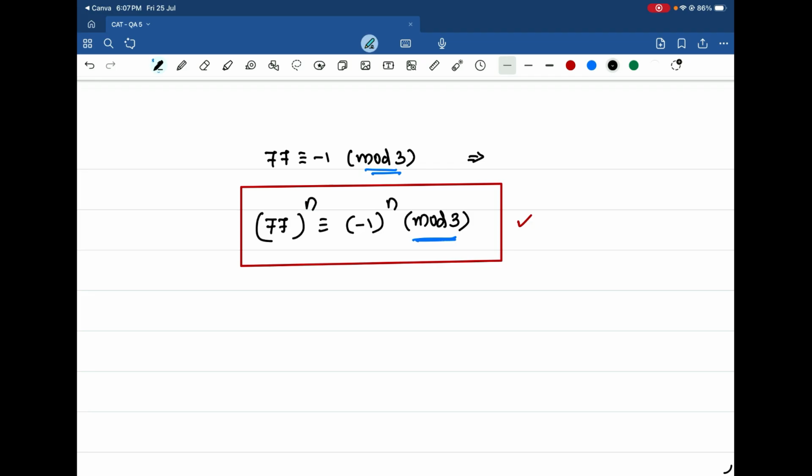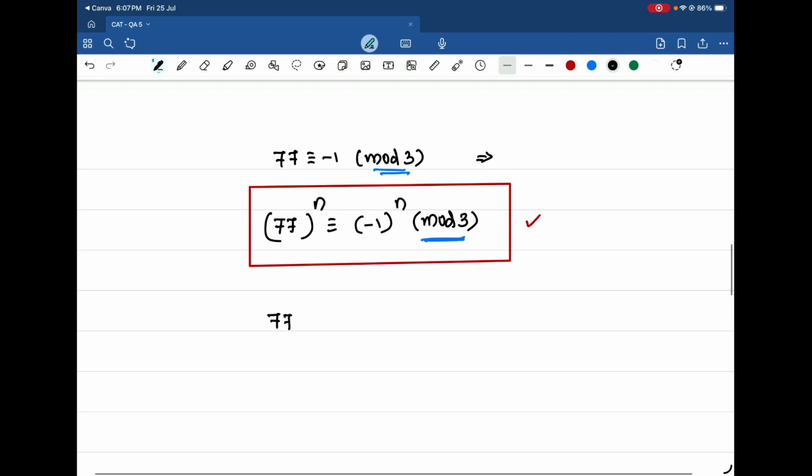Now, can we write like this? 77 to the power of 77, which is the required numerator, equivalent to minus 1 to the power of 77 mod 3. Can we write like this? Minus 1 to the power of an odd power is minus 1.